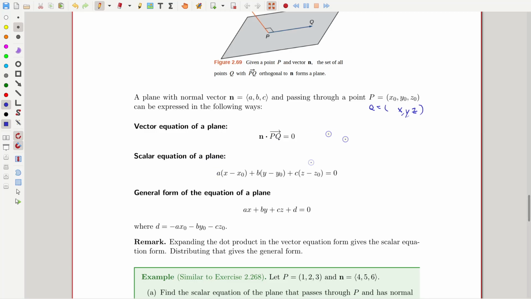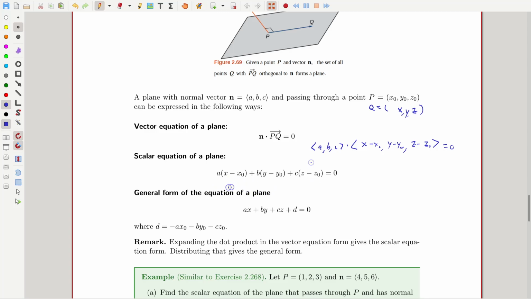So just to write it down, a, b, and c, if we dot product it with q minus p, it's x minus x naught, y minus y naught, and z minus z naught equals 0. Right? I'm just substituting into the vector equation, and I get this form. And then doing the dot product, we end up with the scalar equation.